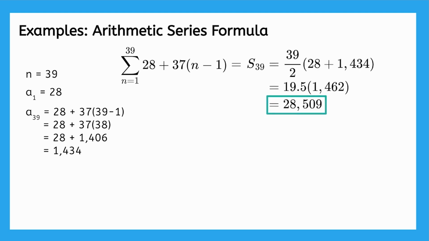The arithmetic series formula tells us that this sum is 28,509. See? With the arithmetic series formula, we can find the total of any arithmetic series in no time without a bunch of work. All you have to know is the first and last terms in the series and how many terms are included.